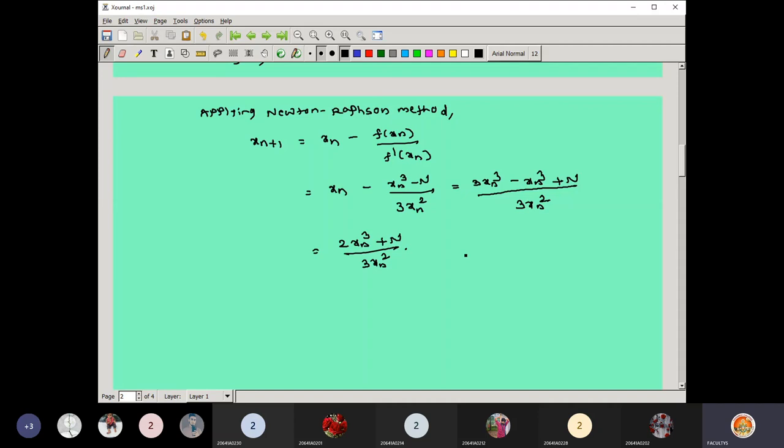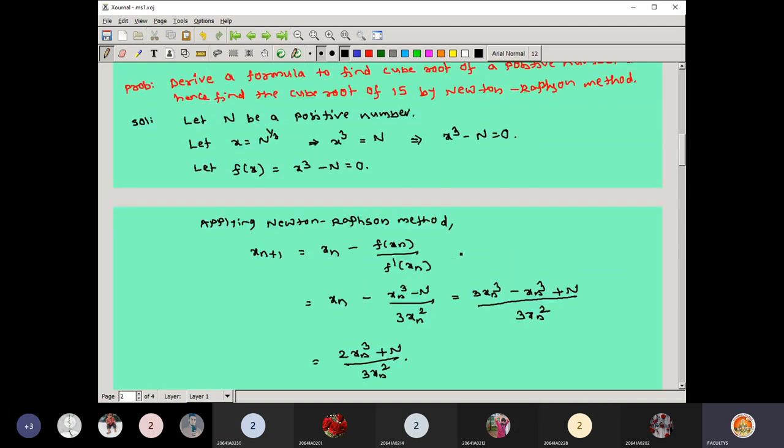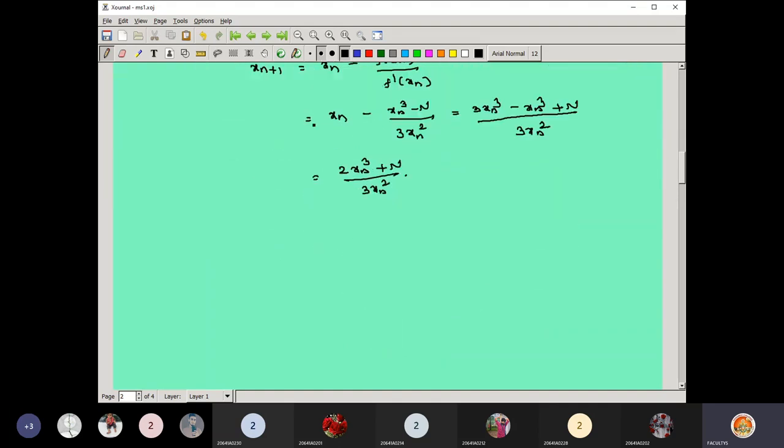Once the formula is derived, we got the final answer. Now our problem is the continuation of the given problem, asking to calculate the cube root of 15. So in order to use that answer, I am making a special case. For which number are they asking to find the cube root?